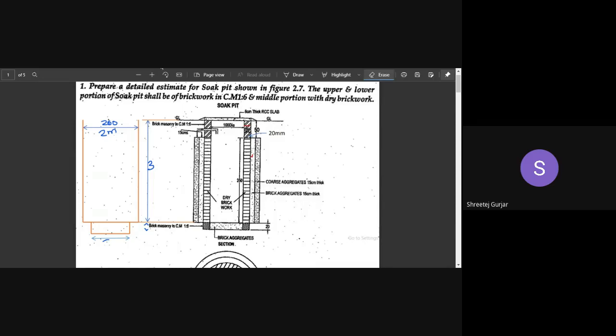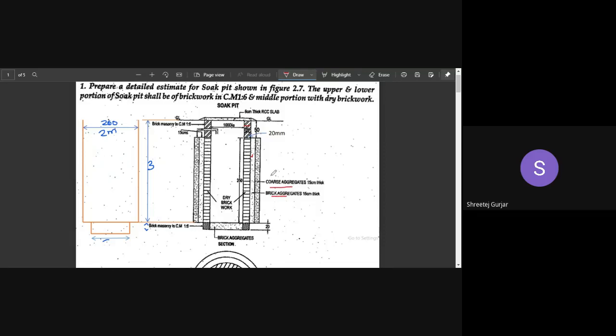Next. Similarly, we have to solve all the problems of our soak pit. The dimensions may vary, and the height may vary, or the layers may vary. We can observe here that 3 layers are provided, the main layer along with 2 additional layers, like coarse aggregate and brick aggregate.